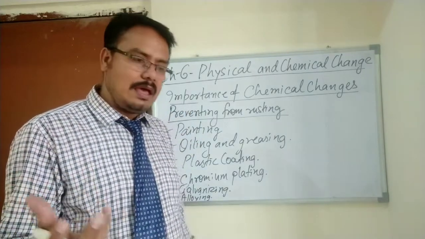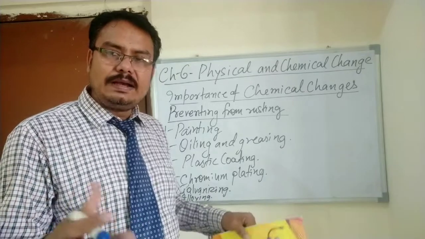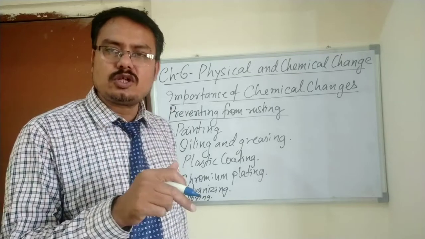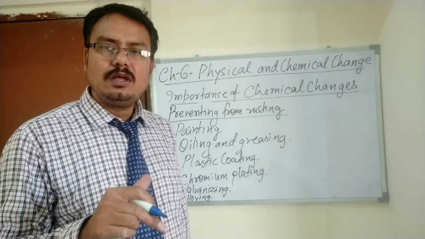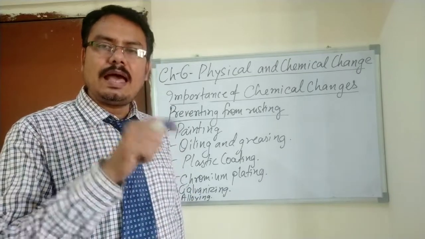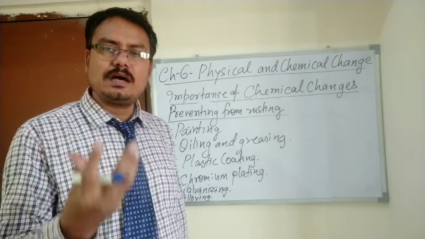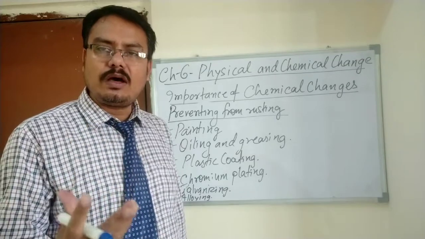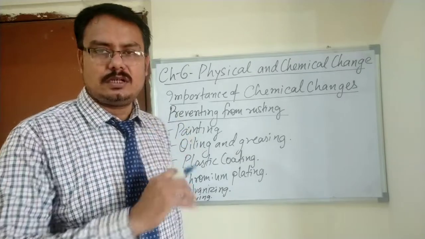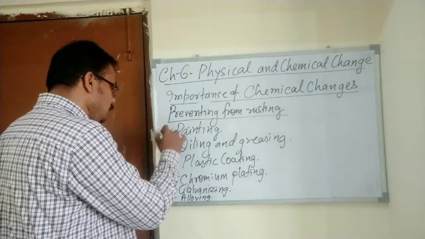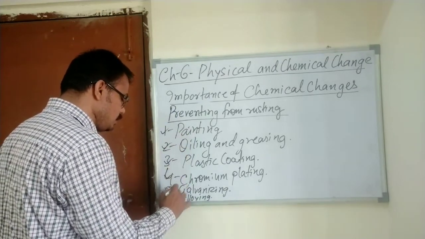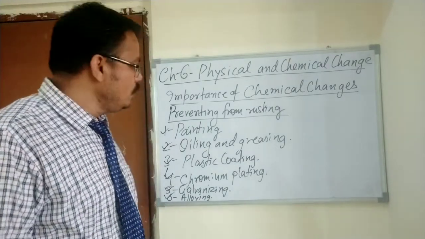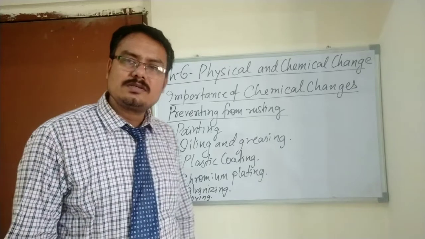So that metal and iron metal are both melted and mixed together to form a new metal in which iron is also present and such metal is also present, which is called an alloy. Because when two metals are melted and mixed together, it forms such a metal that is called an alloy, which can't be rusted. So these are the points you must remember. These are the preventing points which we could apply to keep the iron object safe.